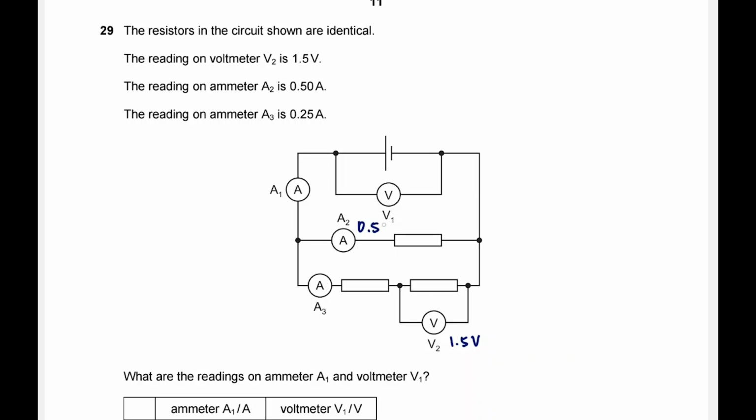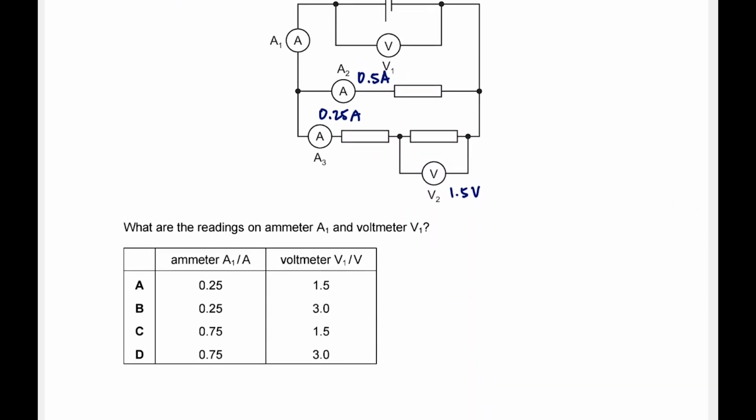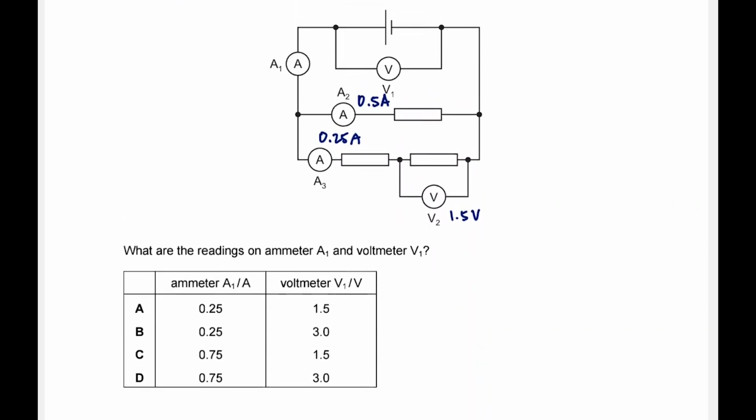The reading on ammeter A3 is 0.25. The question: what are the readings on ammeter A1 and voltmeter V1?